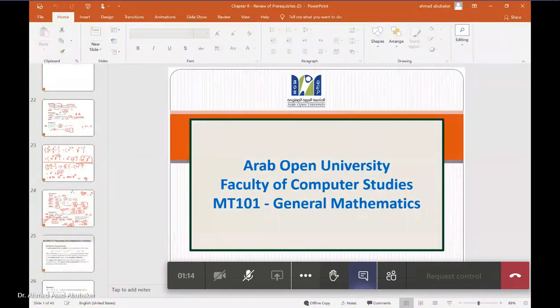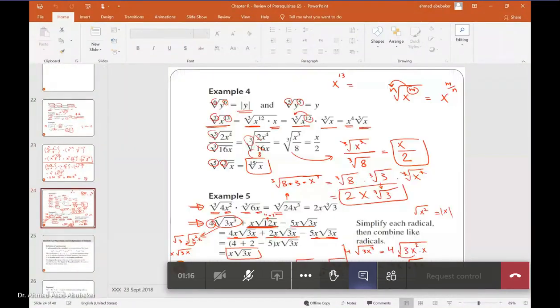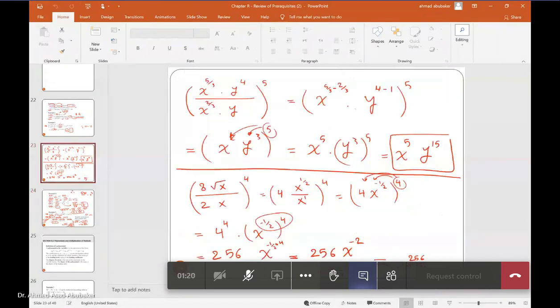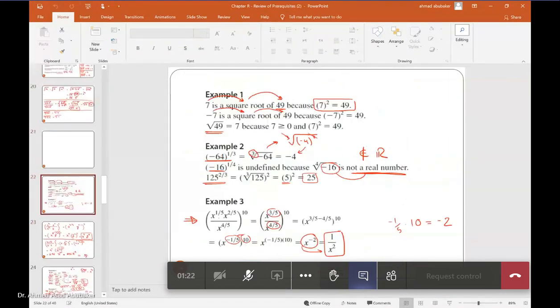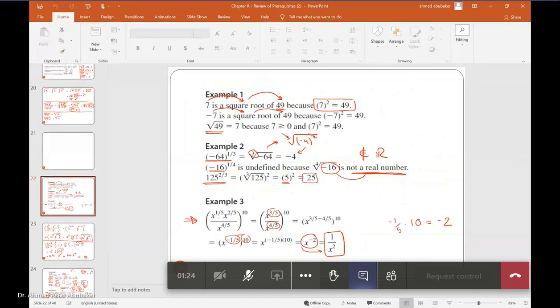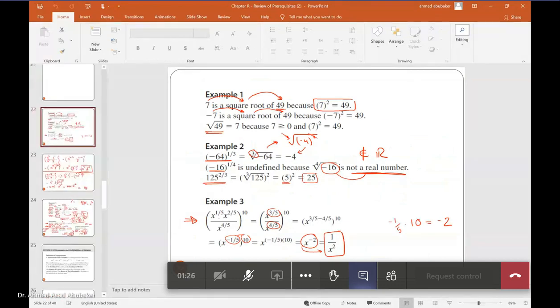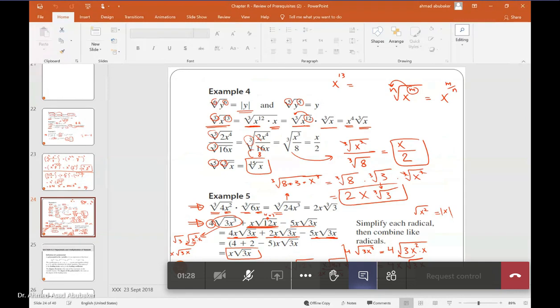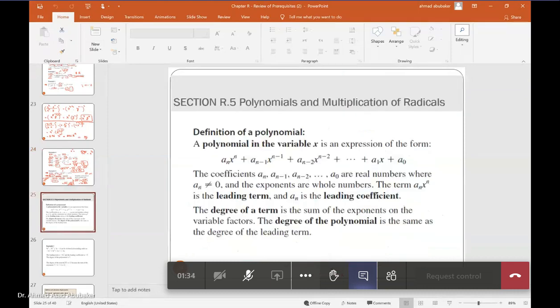In the last lecture, we finished the radical and exponential, and how we can simplify if we have radical, exponent, anything. Now, inshallah, in this lecture, we will finish this chapter.